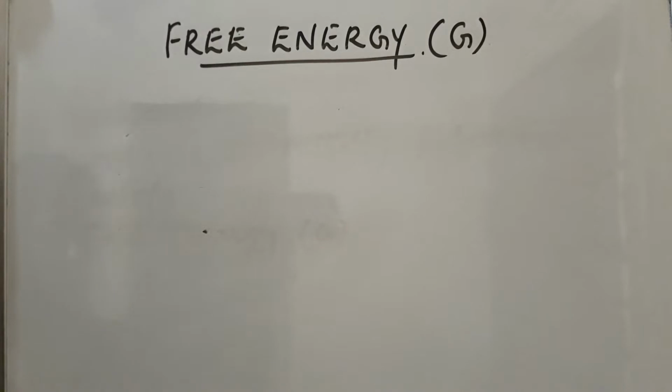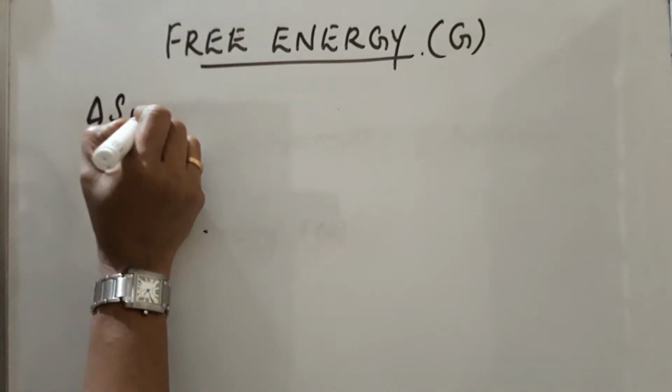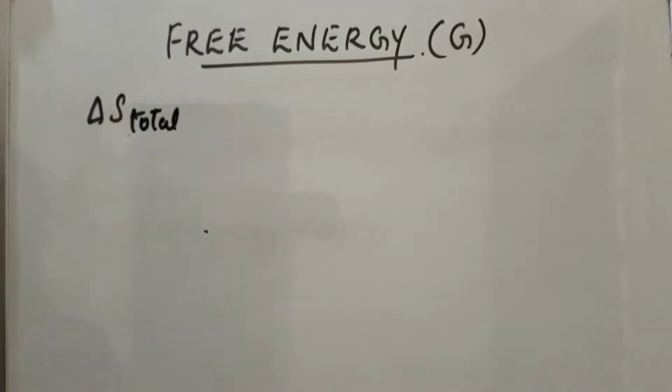We already discussed that total entropy change, that is delta S total, decides the spontaneity. But most of the reactions are closed or open systems. In such cases, both enthalpy and entropy change occurs.